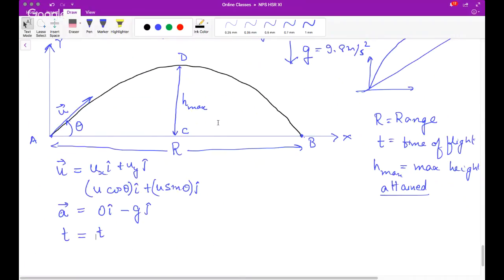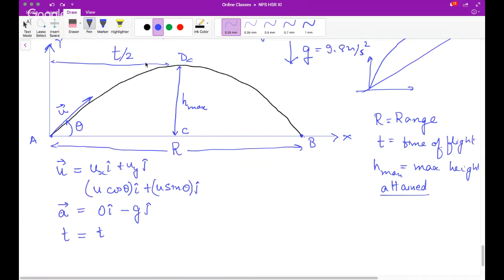Let's say the total time taken was t in this motion, that is from a to d and from d to b, it takes total t. Without loss of generality, we can say that the half of the journey will be covered in time t/2, and the rest half will also be covered in t/2.